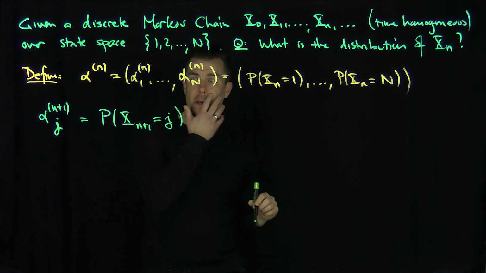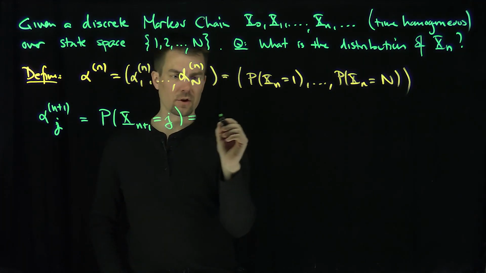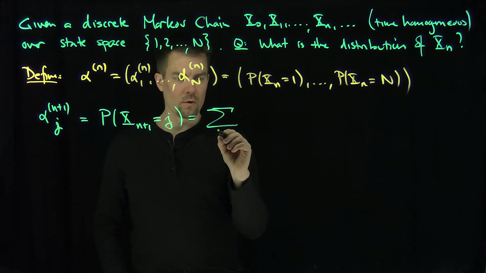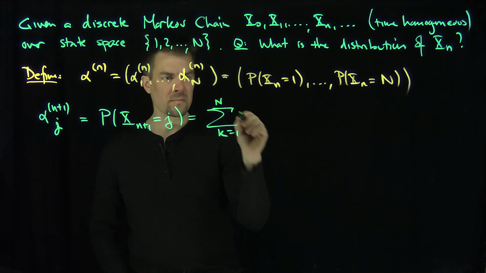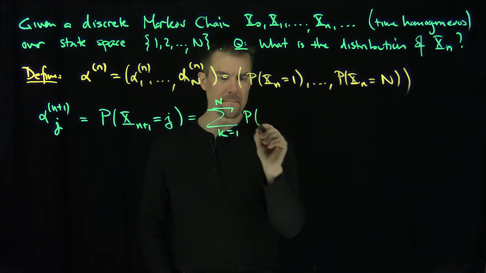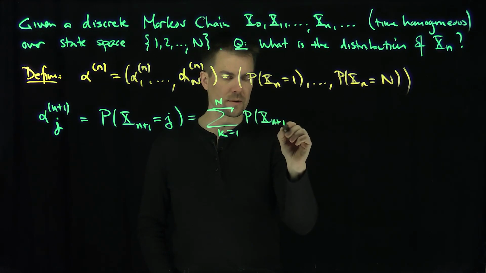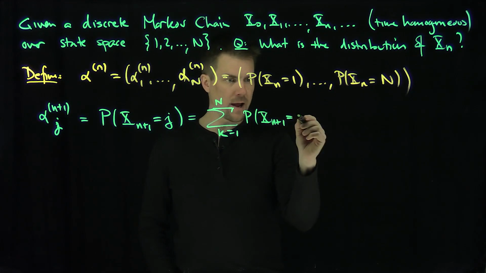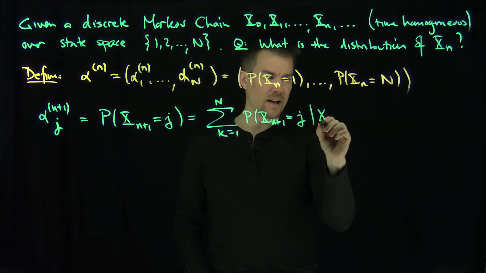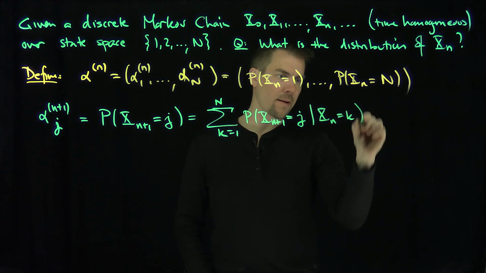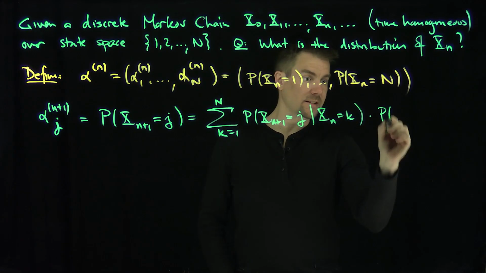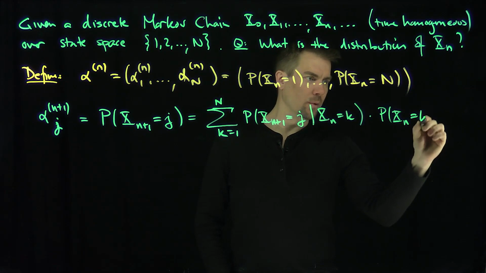Now by the law of total probability, this is just a sum over all k going from 1 to n of the probability that xn plus 1 is equal to j, given that xn was equal to k, times the probability that xn was equal to k.